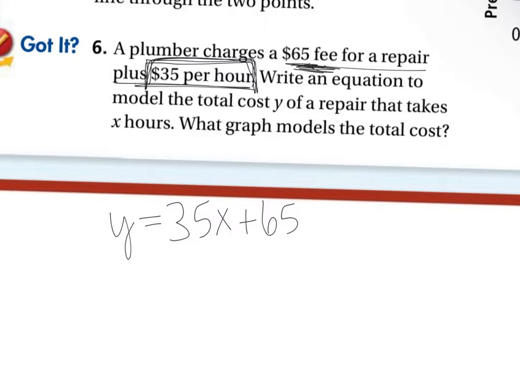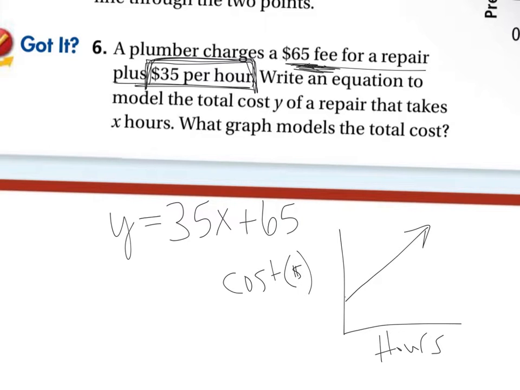And then the graph, you could either use your y-intercept and your slope, or you could make a table here and find some points for that. Again, make sure you label your x-axis and y-axis. This time, the hours would be the x, the cost would be the y, and just roughly sketching, our graph's going to be doing something like that, starting at (0, 65) and then going up 35 over 1.